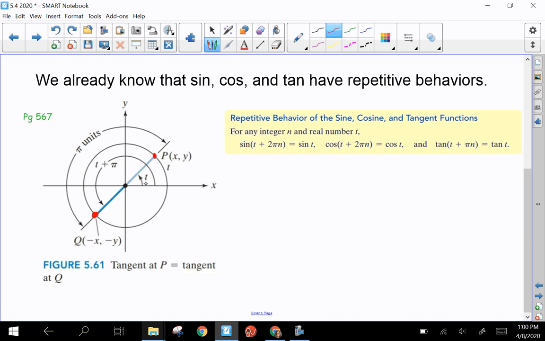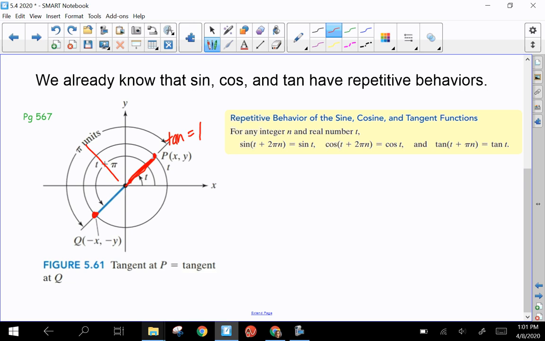They used an arbitrary angle t radians, but if we looked at this picture, we could say that t is about pi over 4 radians. We know that the sine value at that spot is root 2 over 2, the cosine value is root 2 over 2, and that means the tangent at that spot is equal to positive 1.